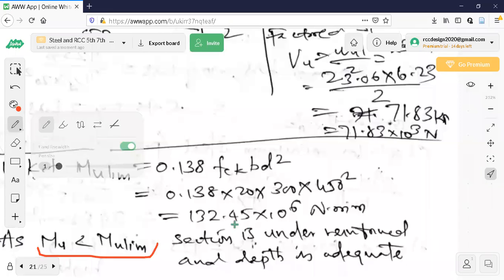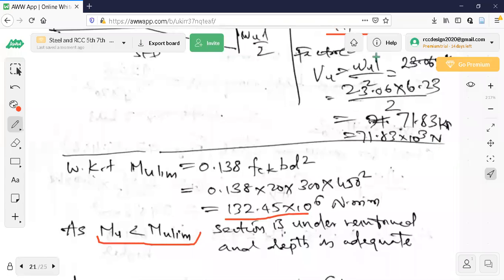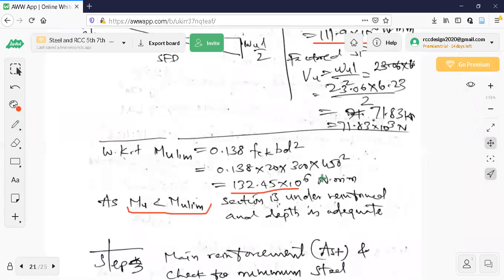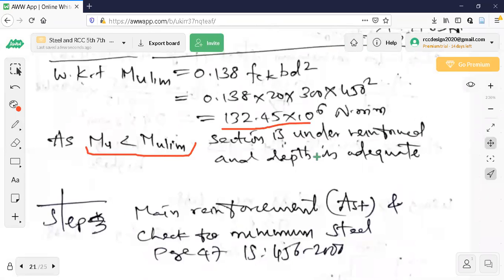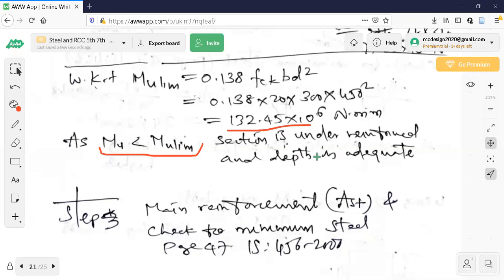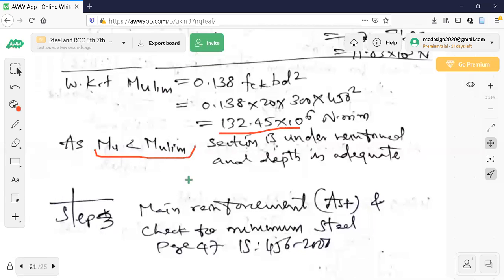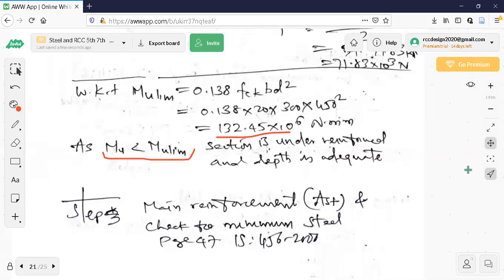I think it is clear, isn't it? So MU is less than MU limit, so it is under reinforced. So far you were not knowing this. You were under the impression that XU less than XU limit, PT less than PT limit is enough. But here the new thing is MU less than MU limit.